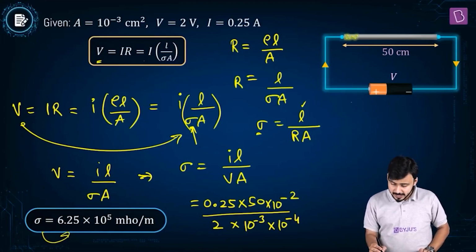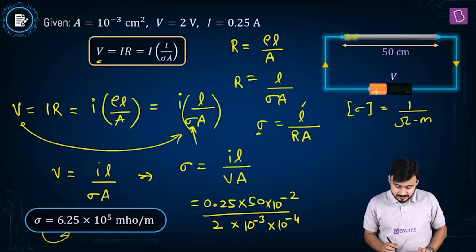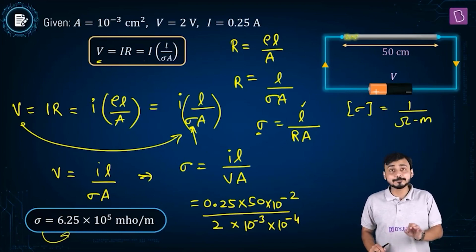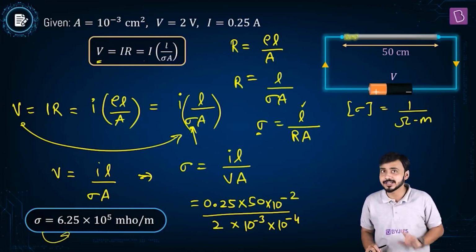The unit of sigma should be 1 upon ohm meter. And 1 upon ohm is written as mho, okay, you can call this mho, but yes, it's ohm inverse. So the answer in this case is 6.25 into 10 raised to power 5 ohm inverse meter inverse.